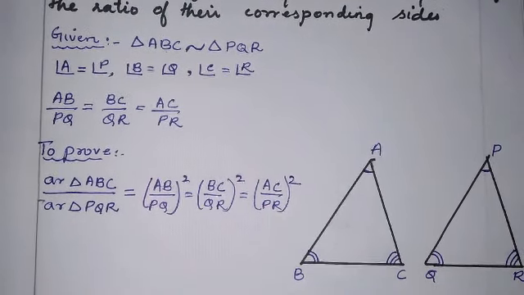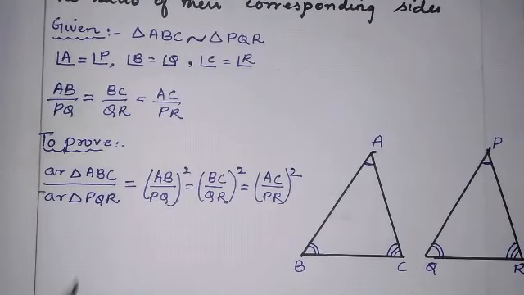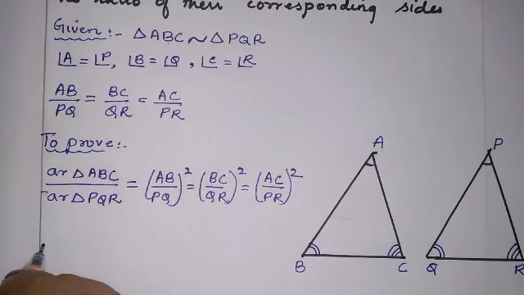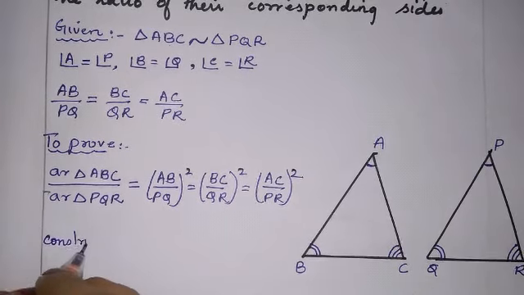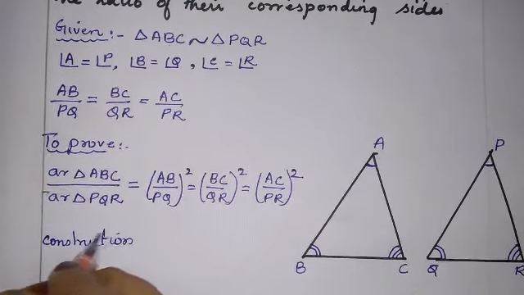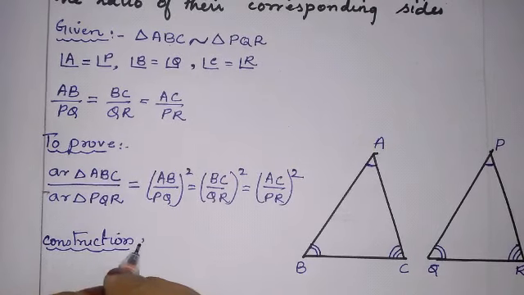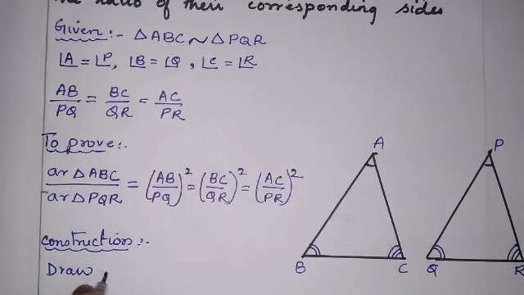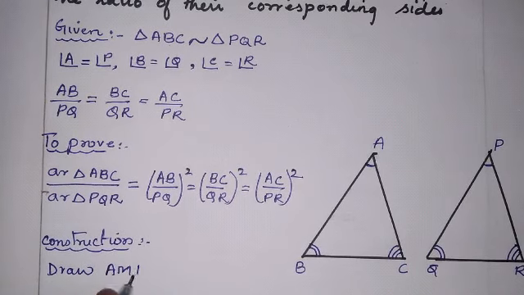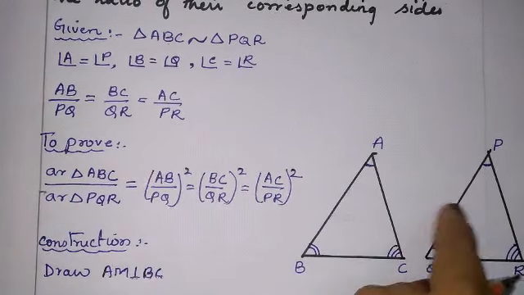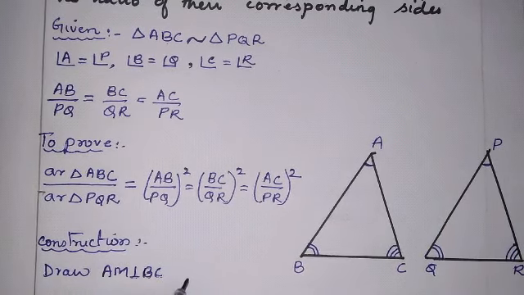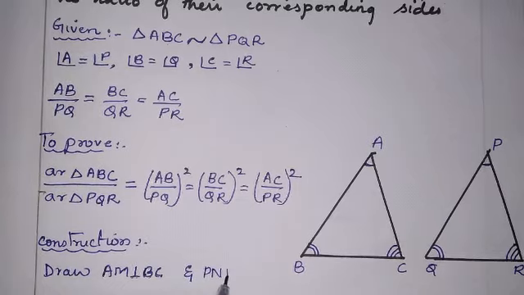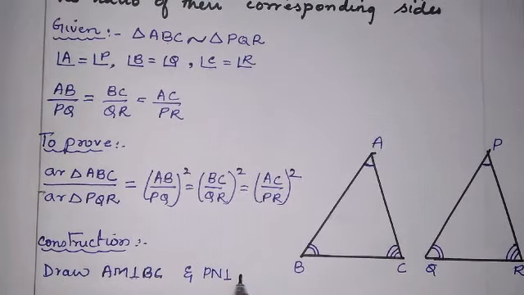Okay, let us start proving this. To prove this, we need a small construction. Construction step: draw AM perpendicular to BC and PN perpendicular to QR.